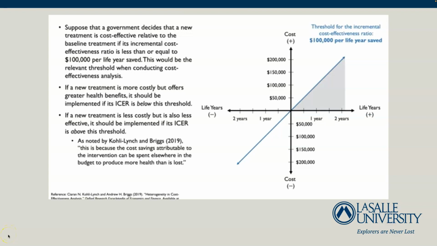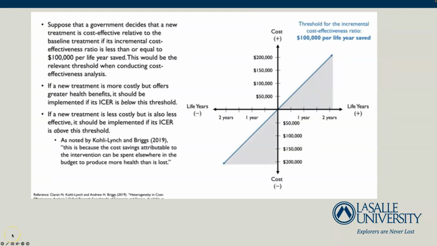And if a new treatment is less costly but also less effective, it should be implemented if its incremental cost effectiveness ratio is above this threshold. That's because the cost savings attributable to the intervention can be spent elsewhere in the budget to produce more health than is lost.